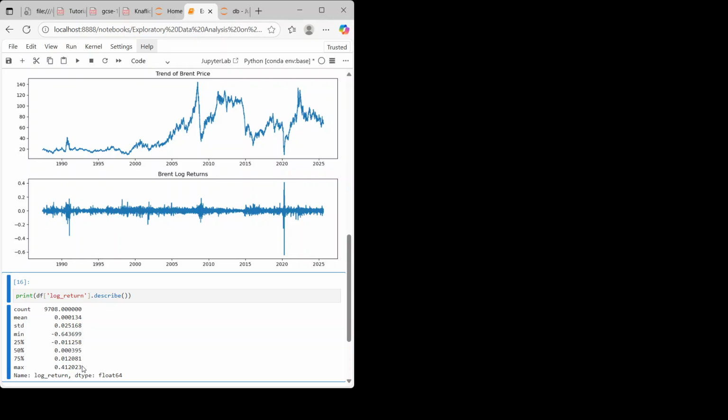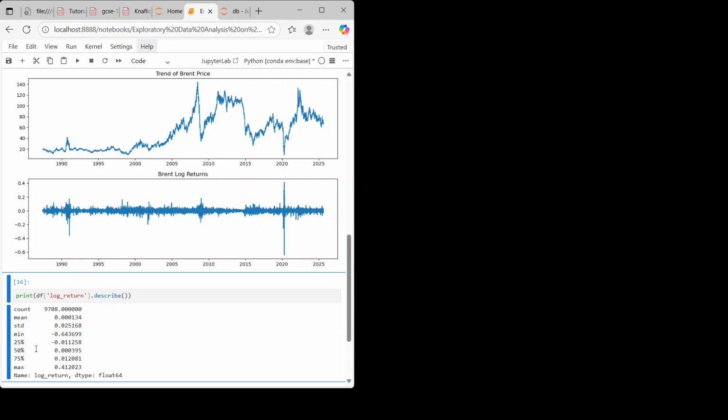And this could reflect a supply shock, war risk premium, or OPEC decisions. So these upside spikes are very rare for you to see that in a single day the price has increased by 41%. But if it should happen, they are very impactful.